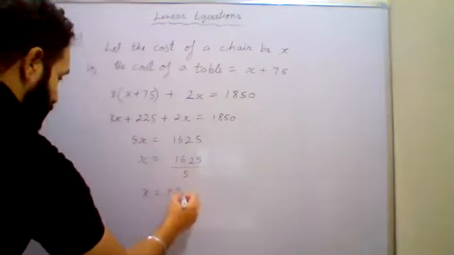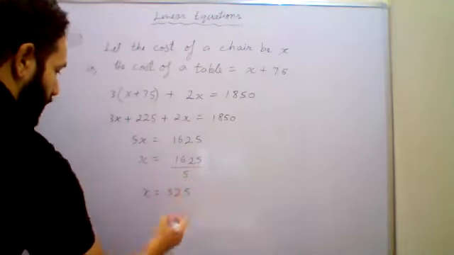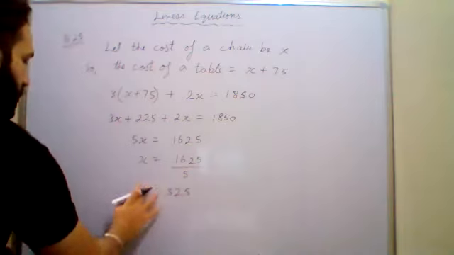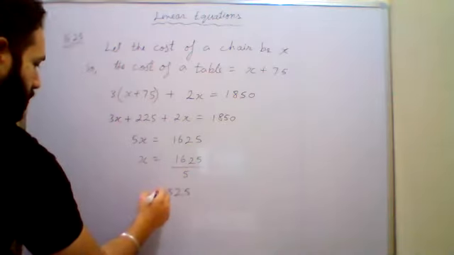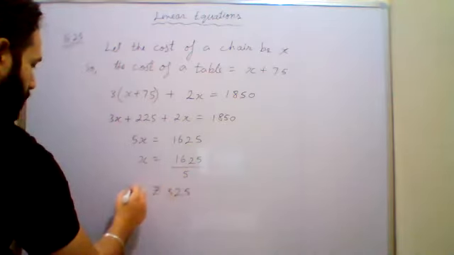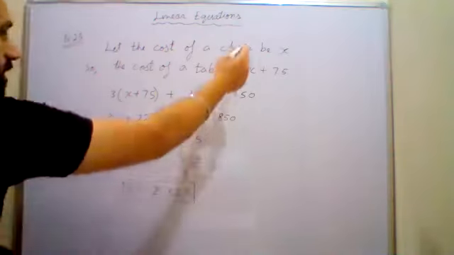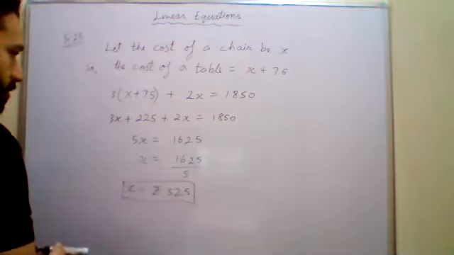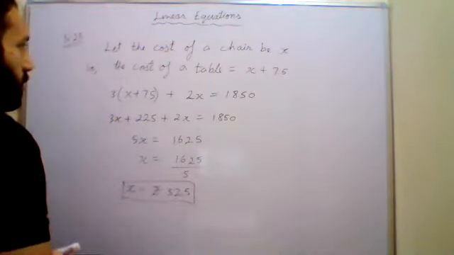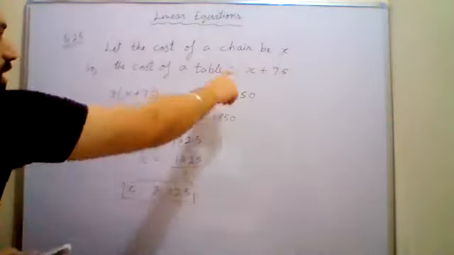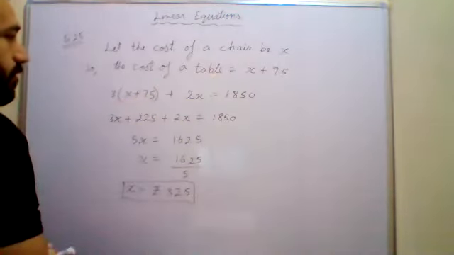So X is equal to 325. That means what is the cost of each chair? Cost of one chair will be 325 rupees, and the cost of one table will be X plus 75, therefore it will be 400.